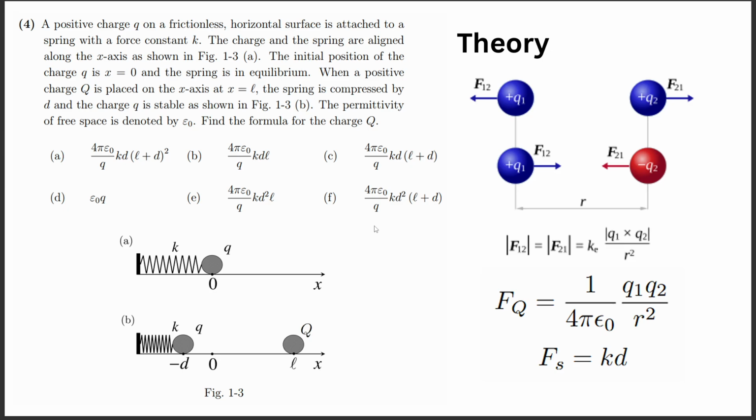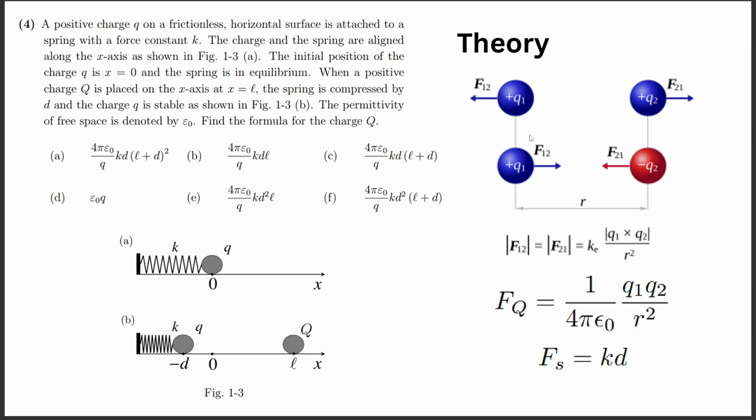So the theory is that when there are two charges, when they are both positive, they repel each other. When the charges are different, they attract each other.